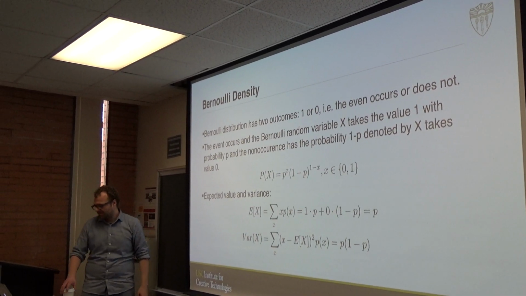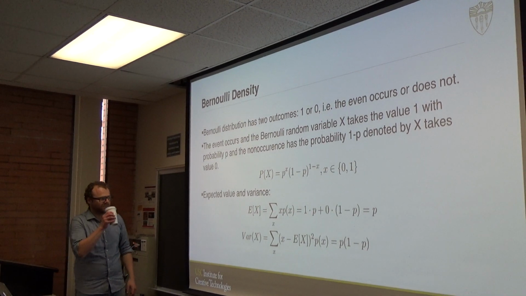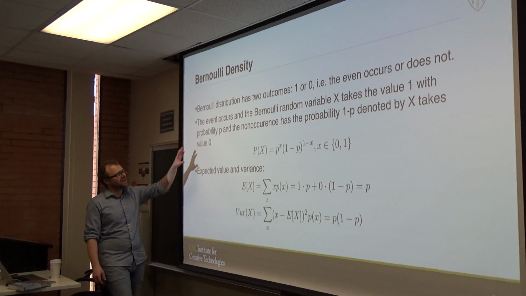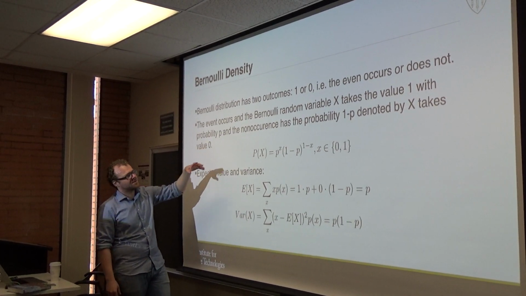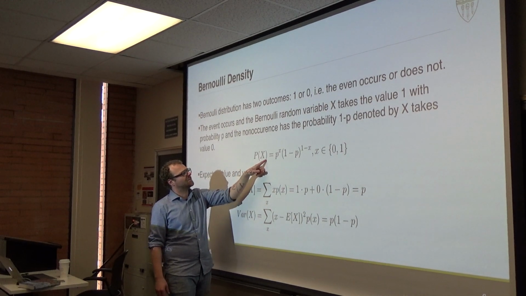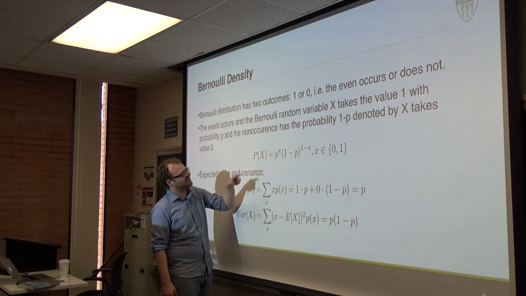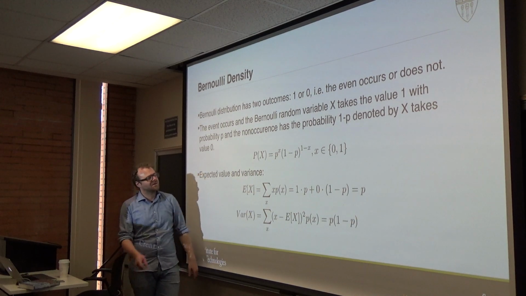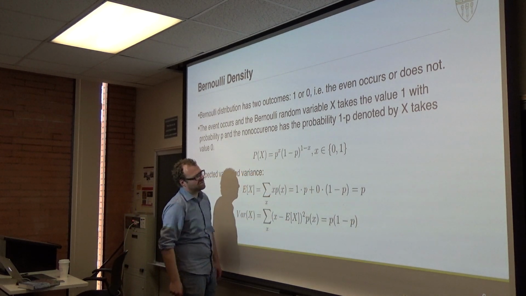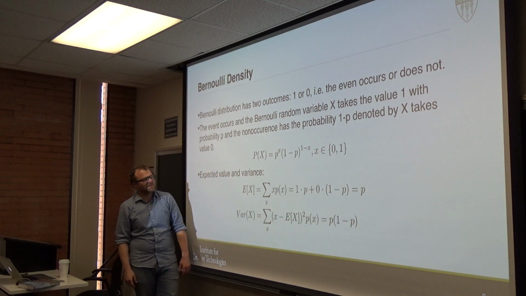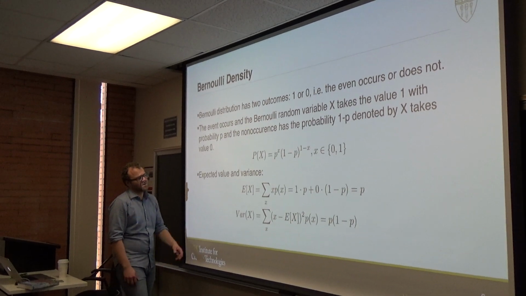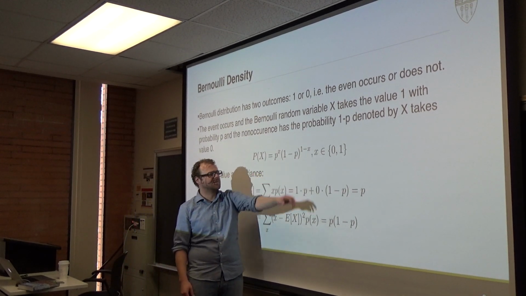We had a coin toss example where the probability of x is given by p to the power of x times 1 minus p to the power of 1 minus x, and that's basically the way to formulate this, while x is in 0 and 1.